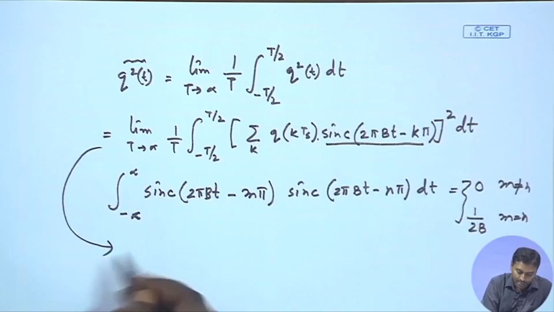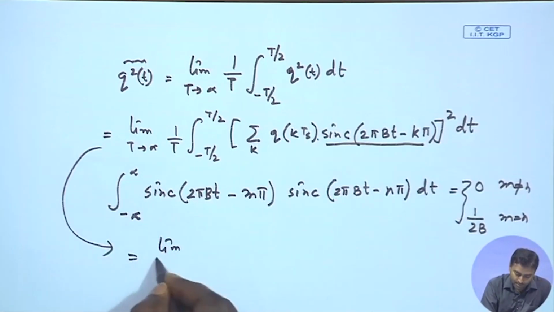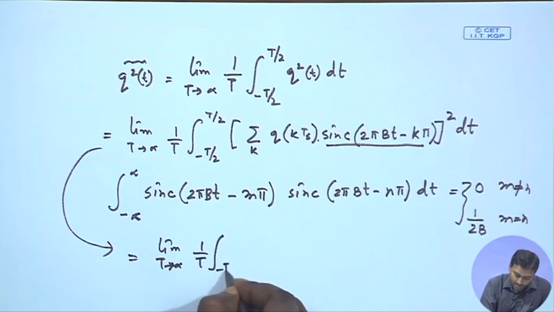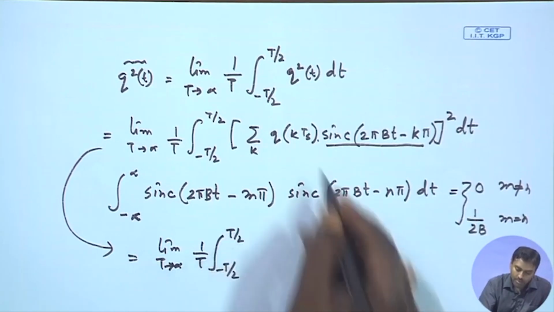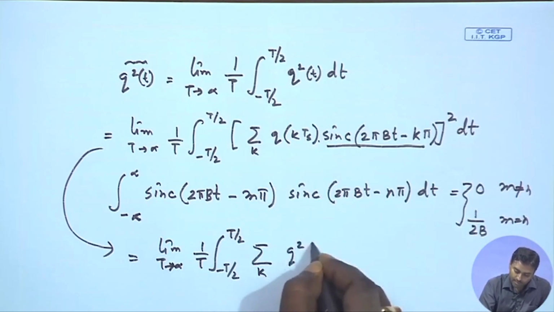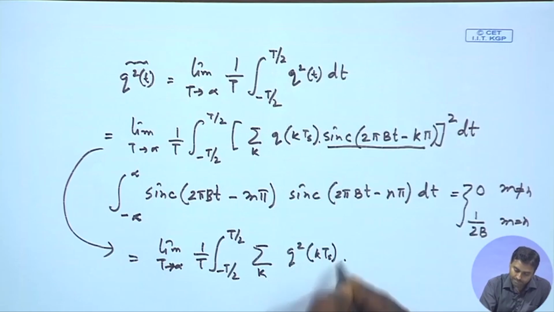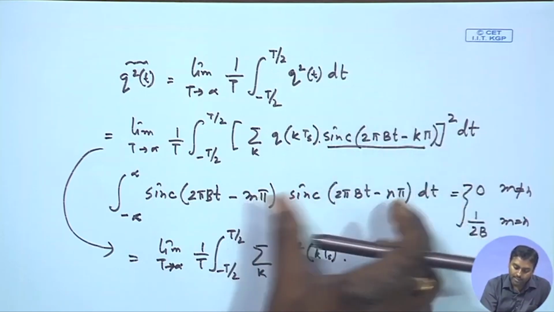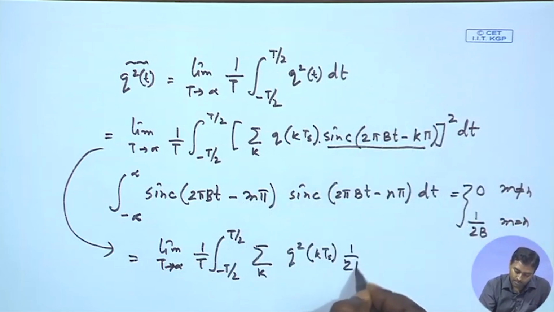So, what we can write from here is nothing but, as t tends to infinity, 1 by t, integral from minus t by 2 to plus t by 2. This will be just the summation of the square term q²(kTs), and whenever m equals n, that is the square term, that should be 1 by 2b.